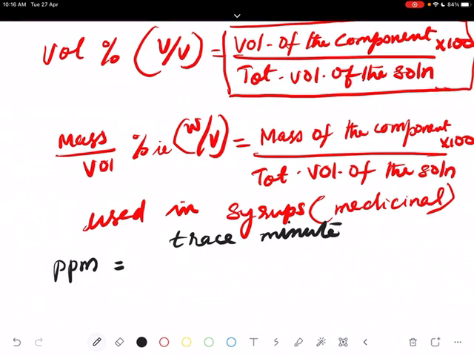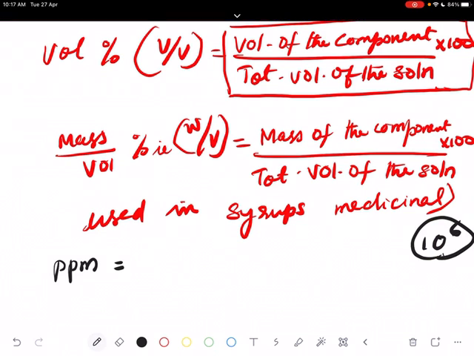Concentration of pollutants in air is often expressed in ppm, parts per million. Means in 1 million, how much is present? In 1 million gram of the air, how much gram of this pollutant is present? 1 million means 10 to the power 6, that is 1 million.